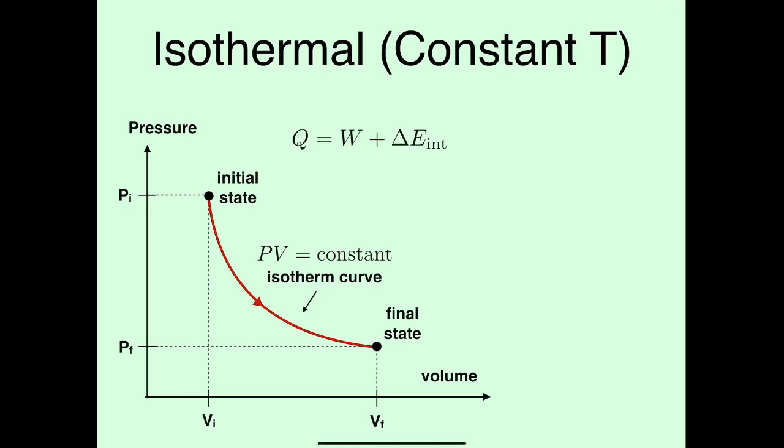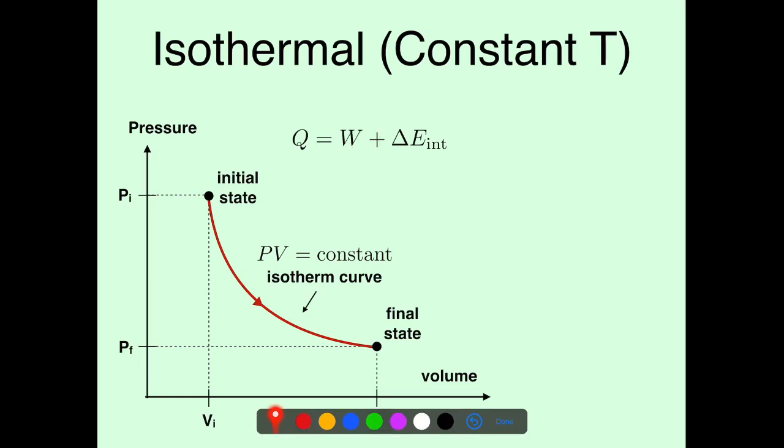And so here's what we have. Again, look at the first law. We have Q is equal to W plus delta E internal. We can break that down into the 3 different variables. When we have an isothermal process, there's no internal energy change. The work is given by PV times ln V final over V initial.